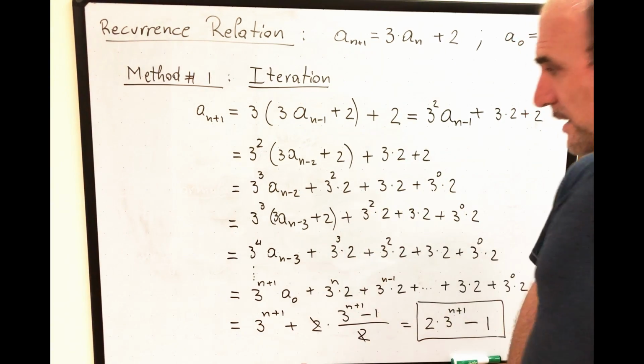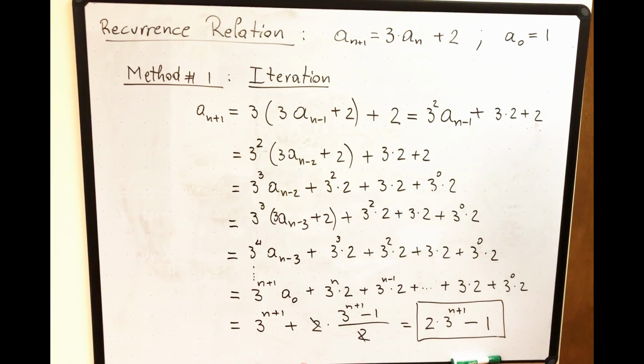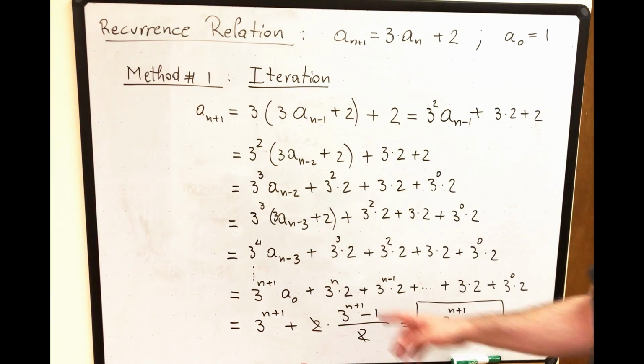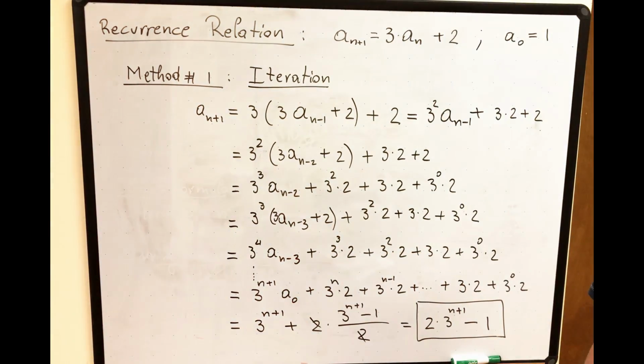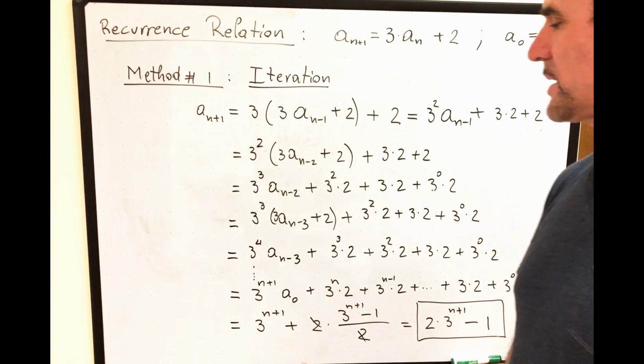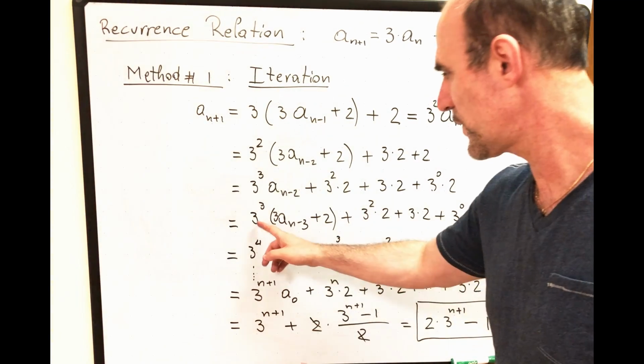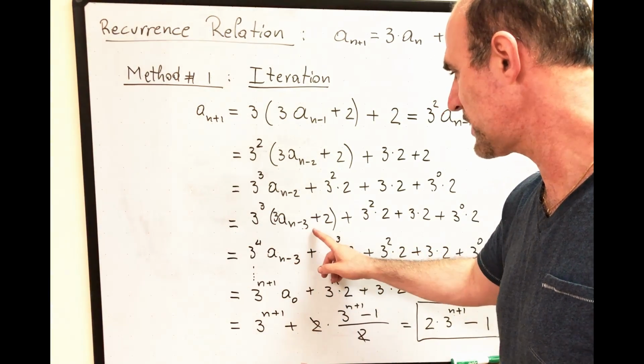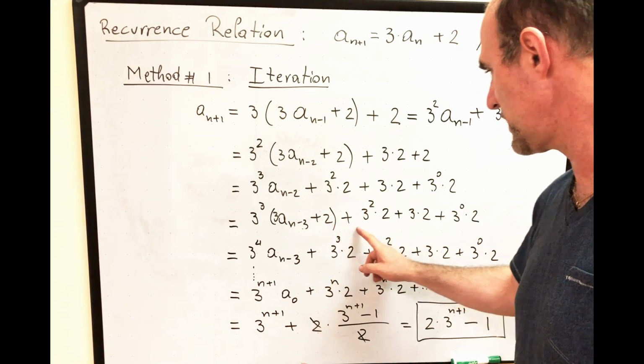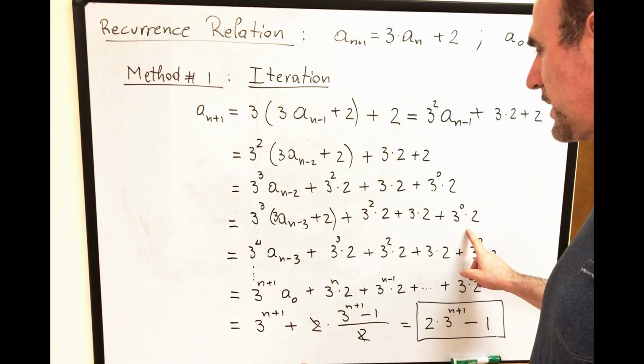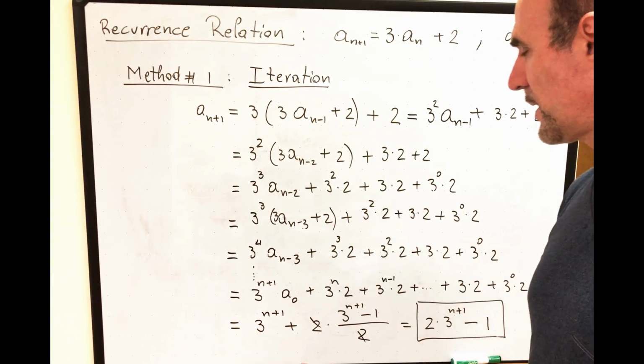Let's do one more and see, is that trend going to continue? So if you substitute now a of n minus 2 in terms of a of n minus 3, you are going to get 3 cubed times 3 times a of n minus 3 plus 2 in parentheses, and then the tail, the same as above.